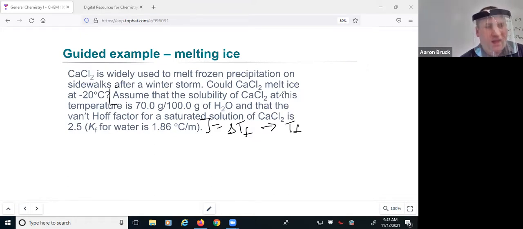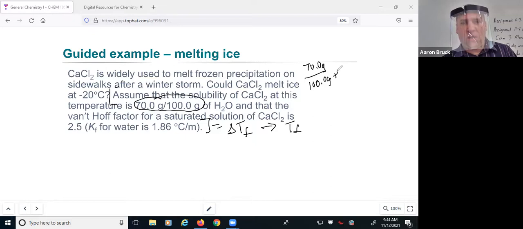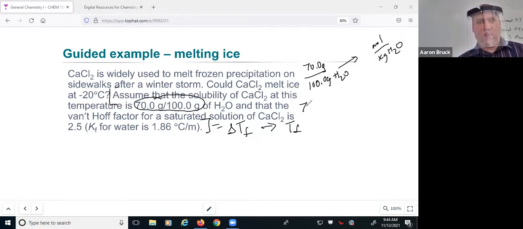So to do that, I need to do one little thing. That is a mass percent, not a molality. So I need to take my 70 grams per 100 of water and turn it into moles over kilograms of water. 70.0 grams of calcium chloride.